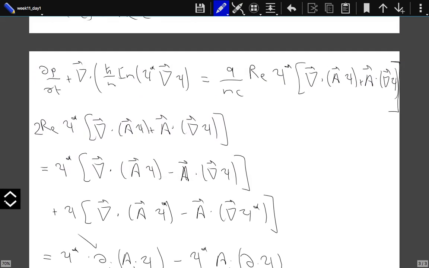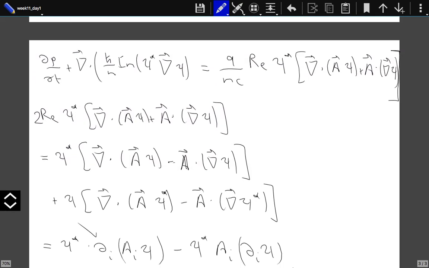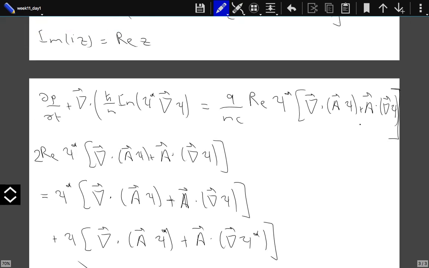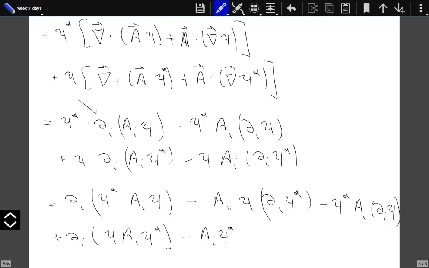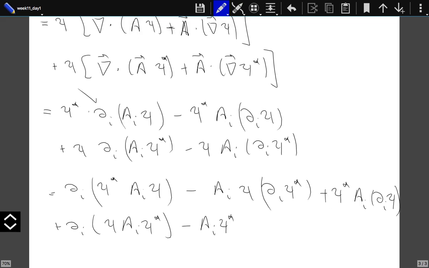No, sorry, I made a mistake. This sign is plus from the beginning. You see, here I have a plus. I just carried it wrong. So that sign over there is plus, so these are all pluses.